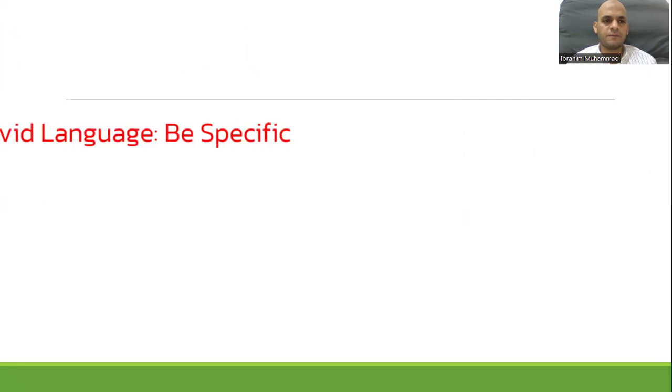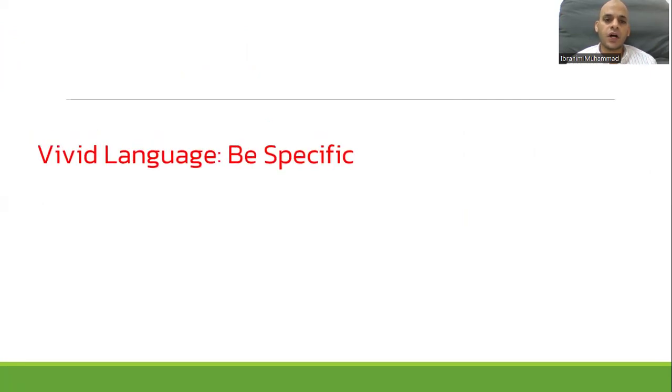Let's move to another way of descriptive writing, another element that it's better also to use: vivid language, and also be specific. What does it mean? Let's see this example.